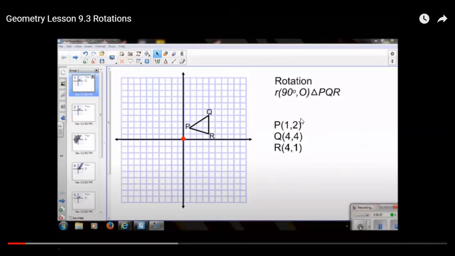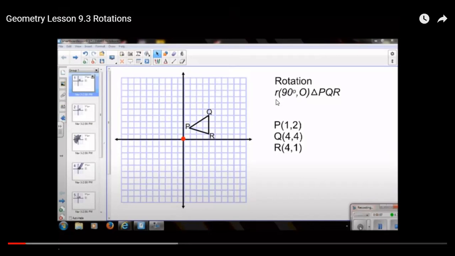And we want to rotate this figure by 90 degrees around the origin. Once you have a question like this, what does R denote? Rotate, okay? And 90 is the angle, and O means around the origin point.